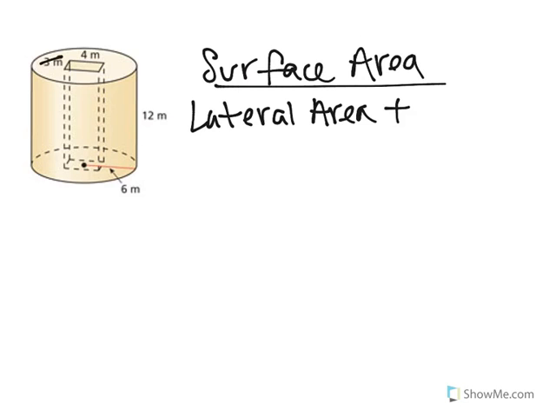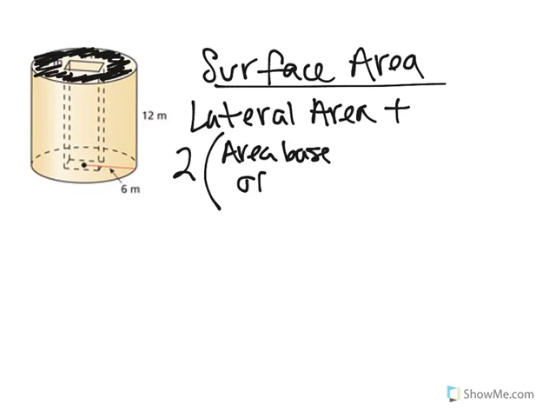If you take a look at our base, we have a circle and then we have a rectangle cut out of it. So we're going to take 2 times the area base of the cylinder, and we're going to subtract out the area base of the prism.